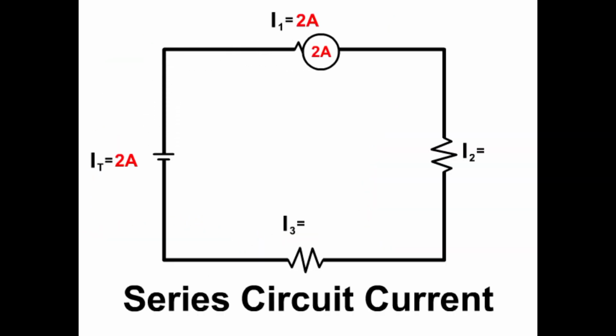In a series circuit, the value of current remains the same because there is only one wire through which current or electricity is flowing. So the current provided is 2 ampere, and you can see that through all three resistors R1, R2 and R3, the value of current remains 2 ampere.